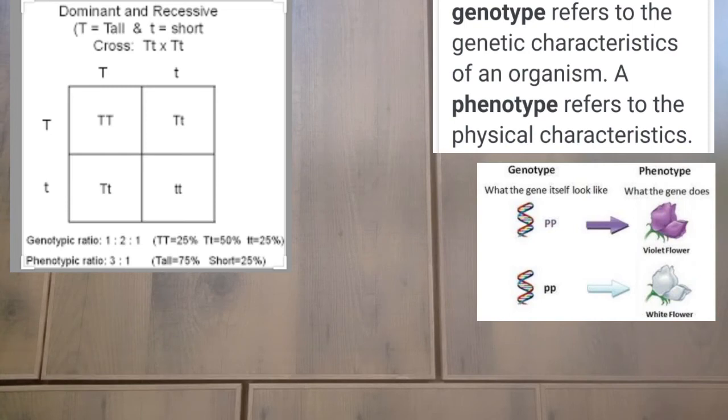Now we have to find the percentage in the phenotypic ratio. First of all, let us find out the percentage of tall plants. When we take the phenotypic ratio, the ratio is 3:1. That means the total number of plants is 4.